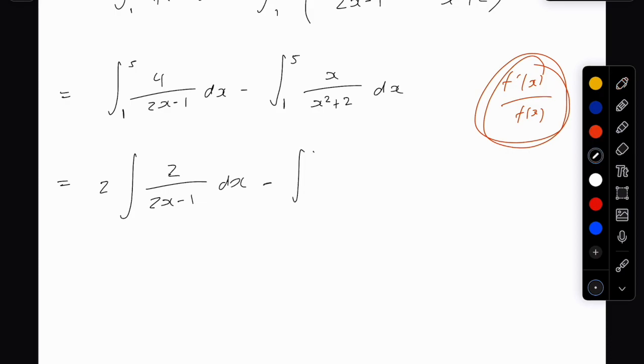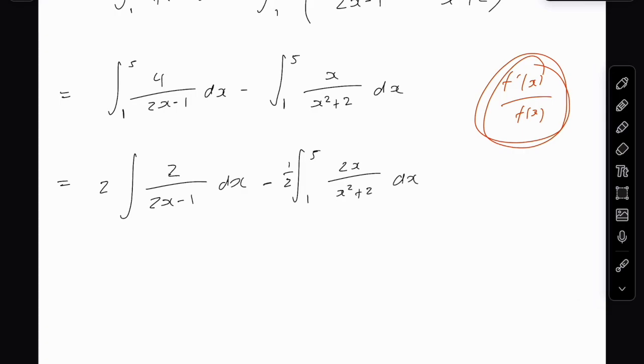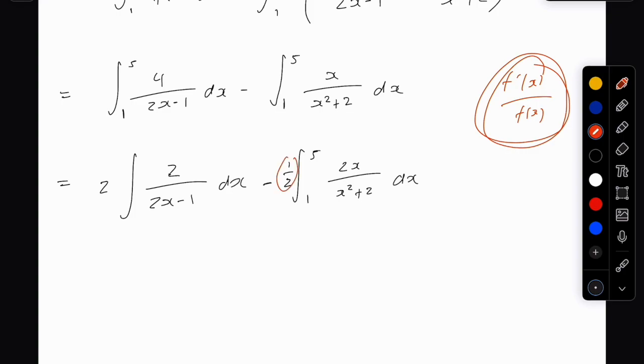Then I can say, fine, minus the integral from 5 to 1. We got x over x squared plus 2. Well, what I can do here is I can put a half here and put 2x at the top. Why? Because half of 2x is equal to x.